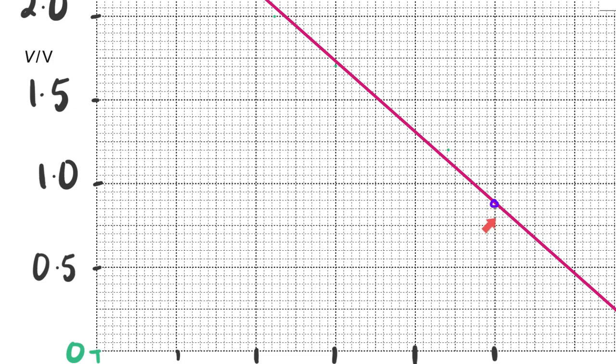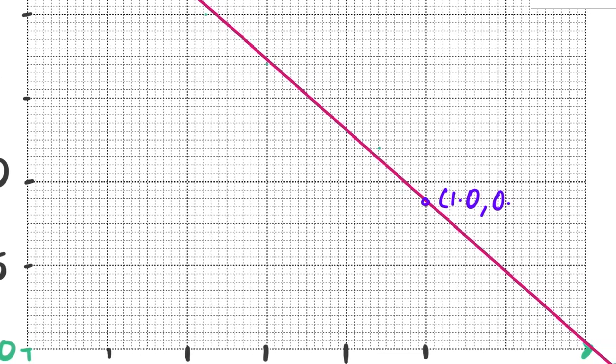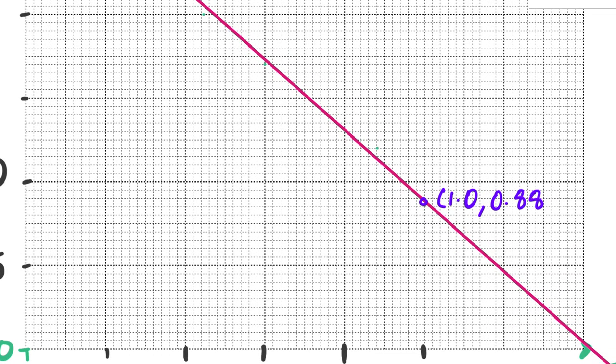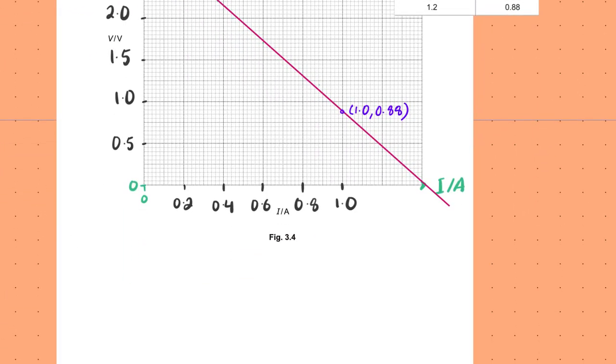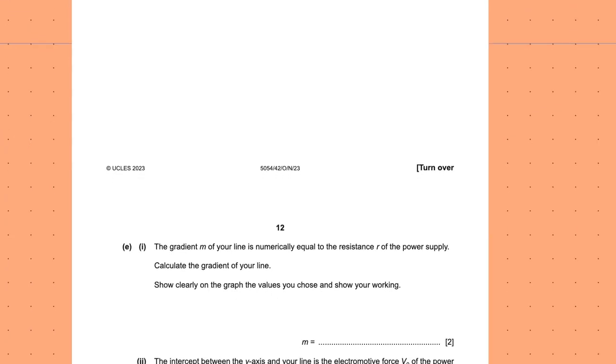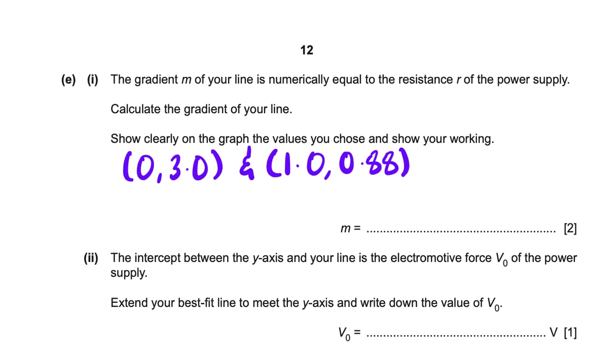So 0.8, 0.85, and then it's not really 0.9 quite yet. Let's say 0.88. So 0, 3.0 and 1, 0.88.